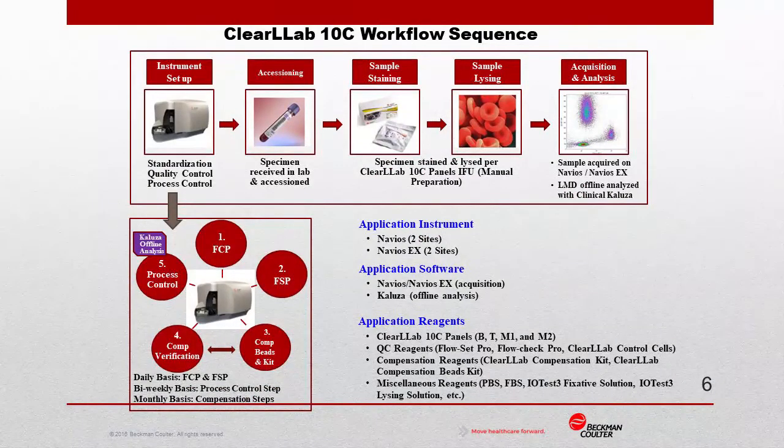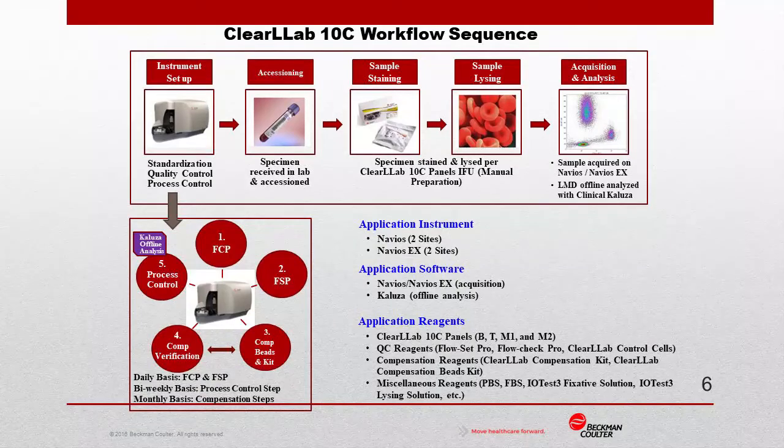So in brief, the instrument is set up via the method I've just outlined. The specimen is accessioned in the lab. The sample is stained on the tubes using this dry unitized format that Beckman Coulter has. The sample is lysed and then acquired on the flow cytometer, and there are standardized templates for analysis available from Beckman Coulter with this 10-color workflow.